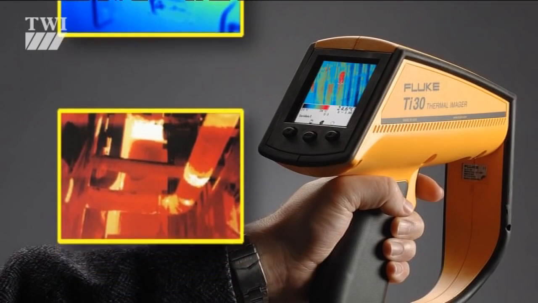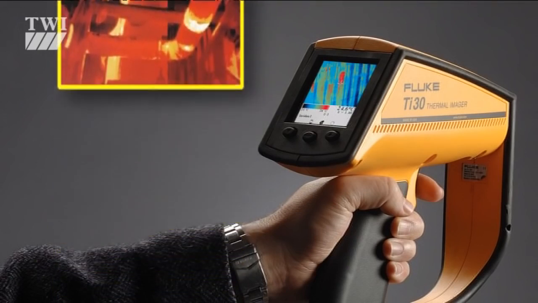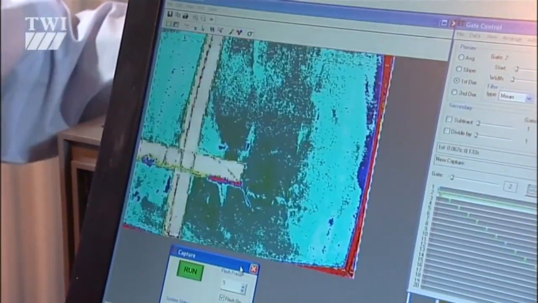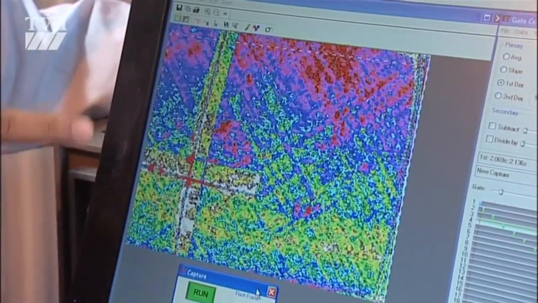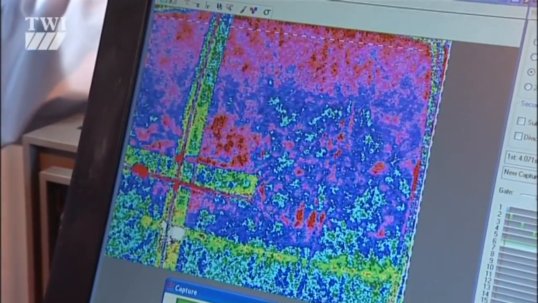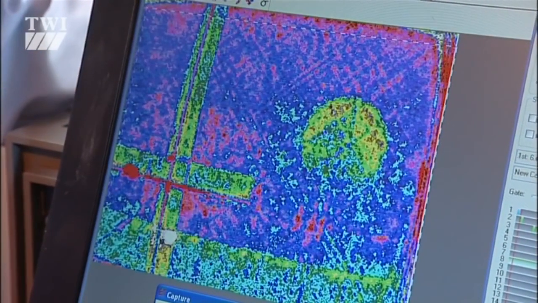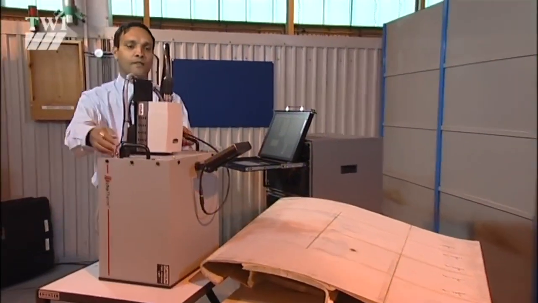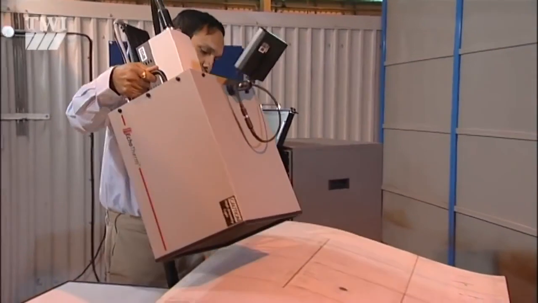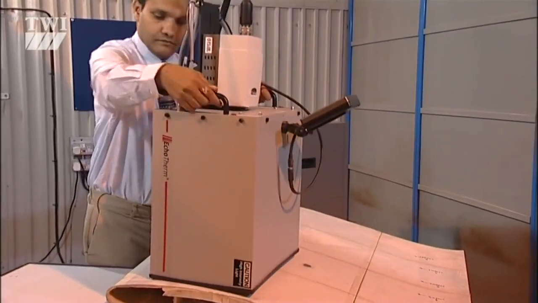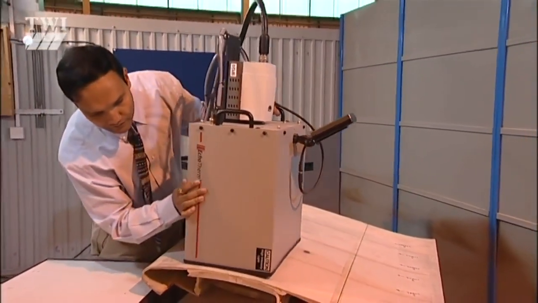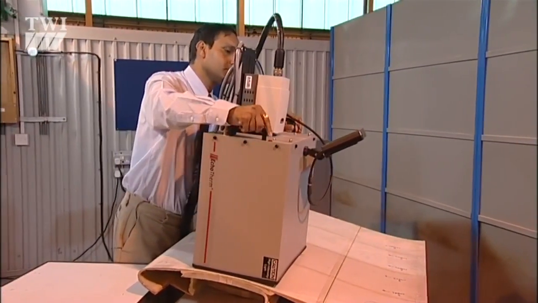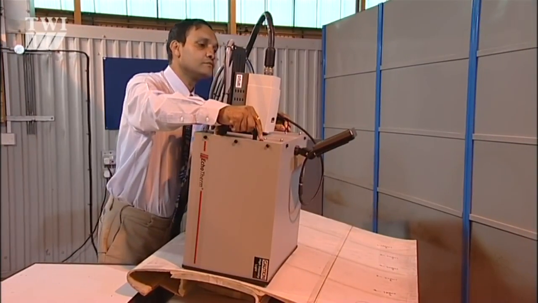Most modern thermal cameras are able to detect temperature differences of less than 1/4 degree Celsius, and they enable thermal images to be recorded on video or computer disk for future analysis. Thermography is a remote technique for use in most areas of plant, but is particularly suited to equipment operating at elevated temperatures. Active thermography, where heat is applied directly to the component, is used for inspection of low conductivity materials, like composites.